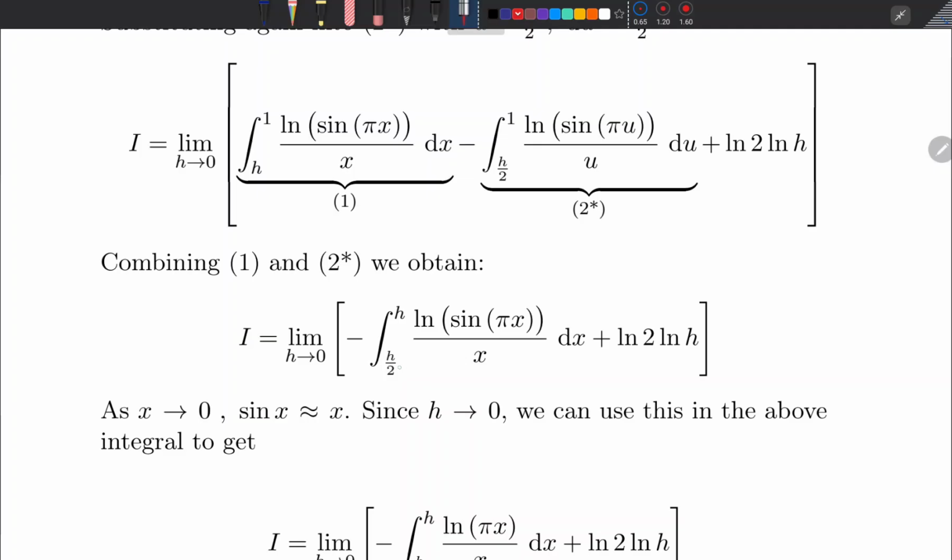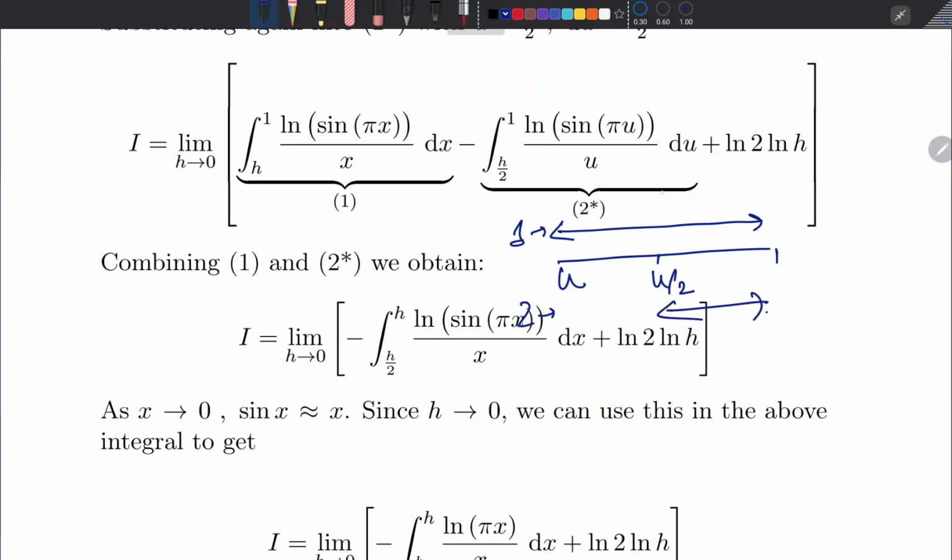So basically, wait a second, actually this is your h and 1 and this is your h over 2. The first one is from h to 1, and we have minus the second one, which is from h over 2 to 1.